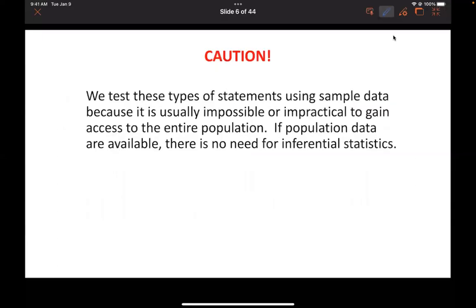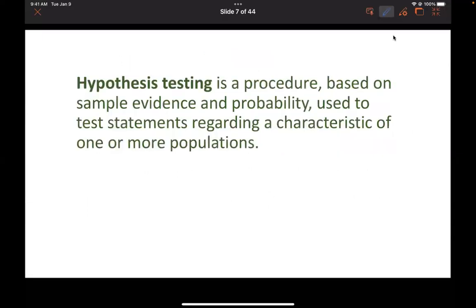All right. We test these with sample data because we can't get the entire population. If we had the population data available, there'd be no need to make a hypothesis, because we would be able to ask everybody in that population. So we are going to be using sample data. So that's all that is about. All right. What we do is hypothesis testing.